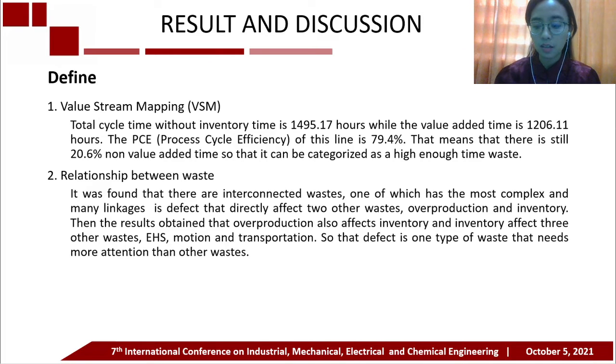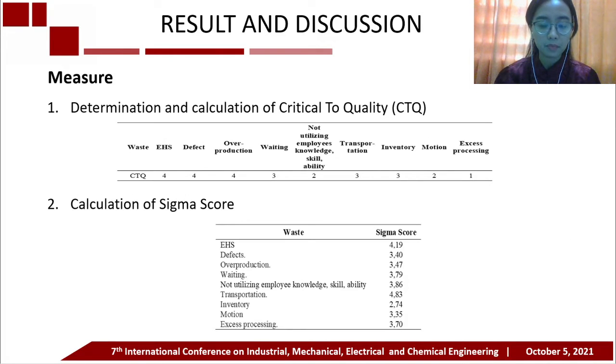The next stage is measure. And the result of the determination and calculation of CTQ is shown in the following table. Total CTQ will be used to calculate the sigma score, and you can see the sigma score for each waste.